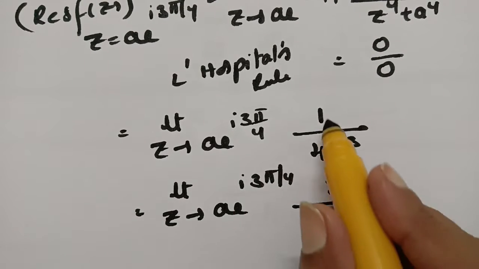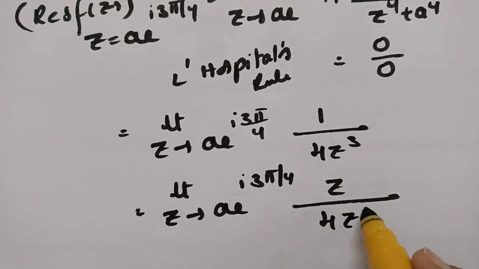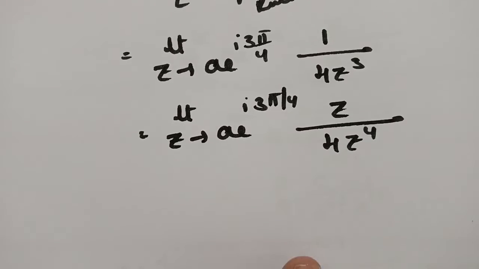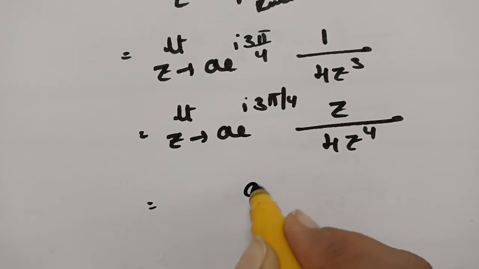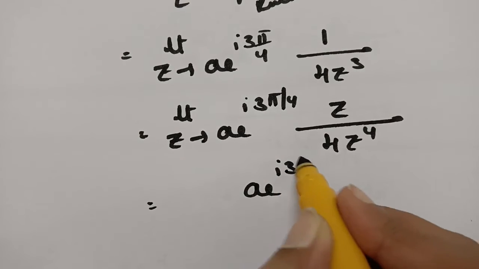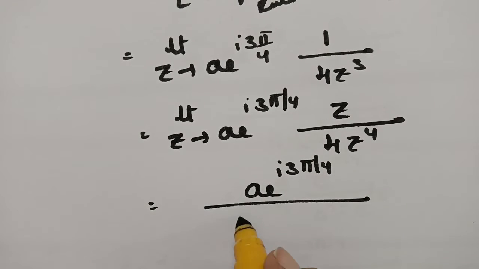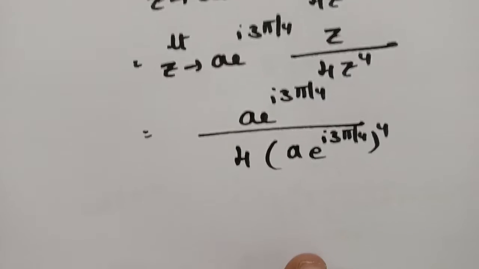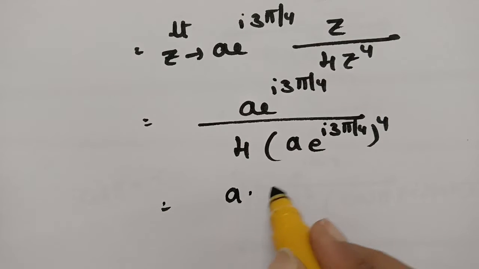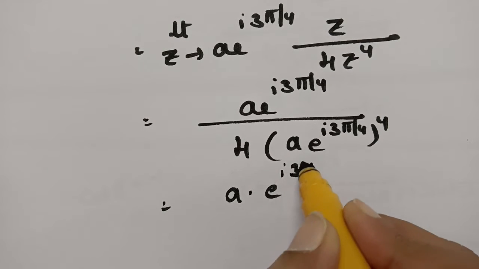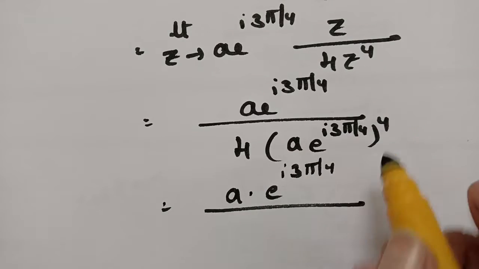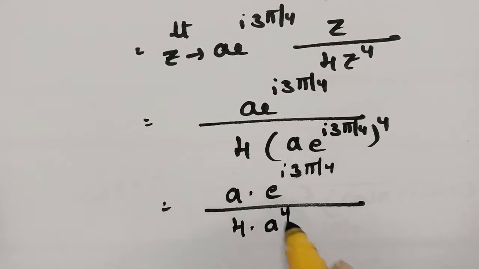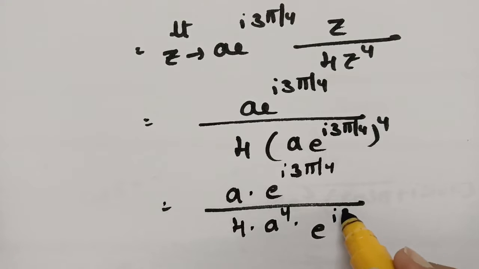With z multiplied in the numerator as well as the denominator, and then substituting the value, this will be a e^(i3π/4) by 4 times (a e^(i3π/4))^4, which is 4a^4 into e^(i3π).